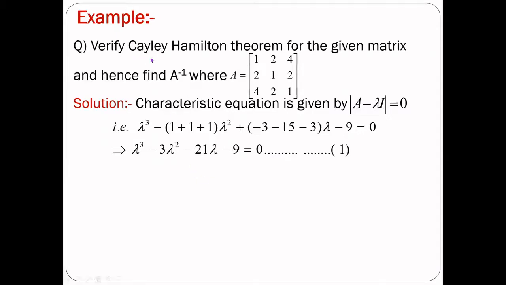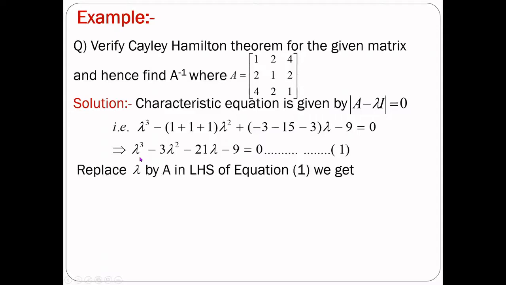Now as we have to verify the Cayley-Hamilton theorem, we have to replace lambda by A in the LHS of equation 1, because we have to prove that when we substitute lambda equal to A, we get the right hand side equal to 0. So this is the LHS of equation 1.